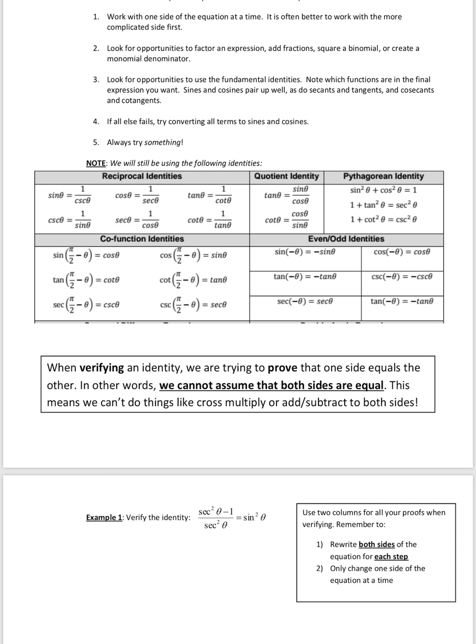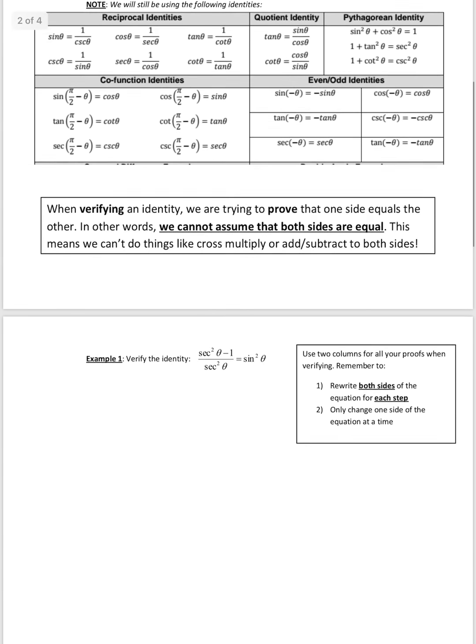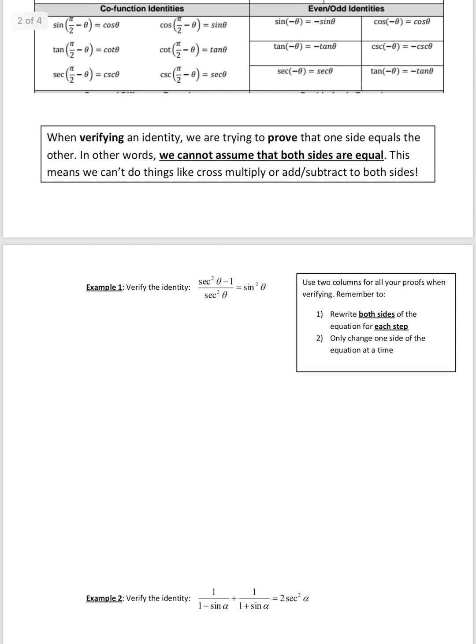I can't cross multiply. I can't add or subtract things to both sides of the equation. I can't move one term to the other side. Those are only things I can do when I know I have an equality. And here, that's what I'm proving. So I can't just assume that. Otherwise, why am I proving anything? So with that in mind, let's start example 1.